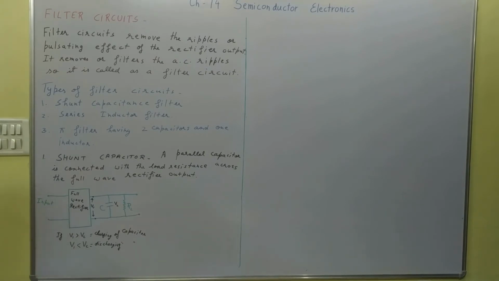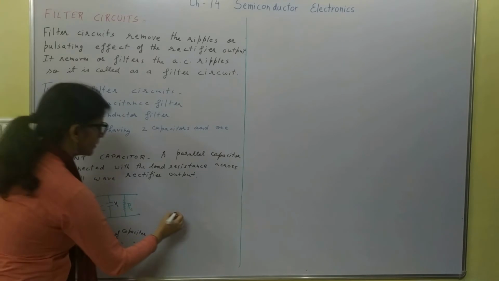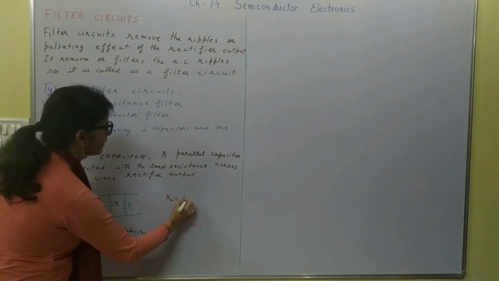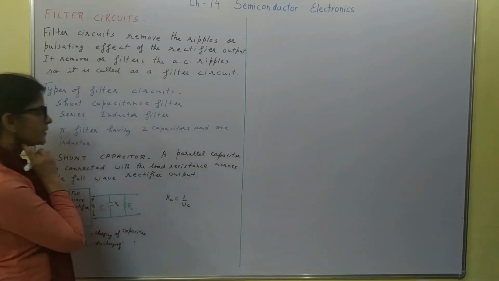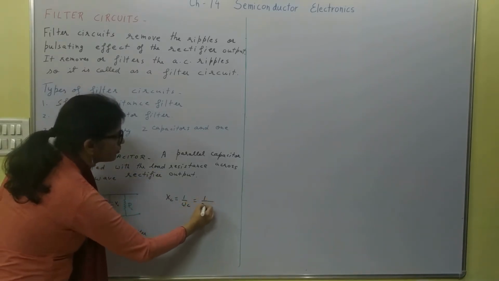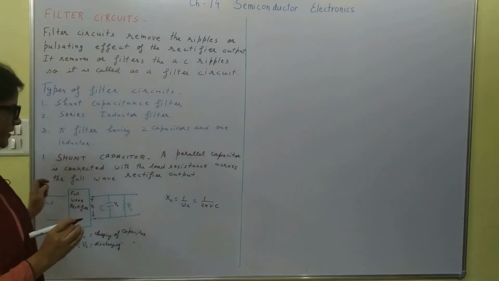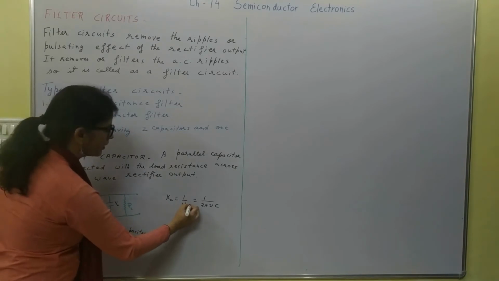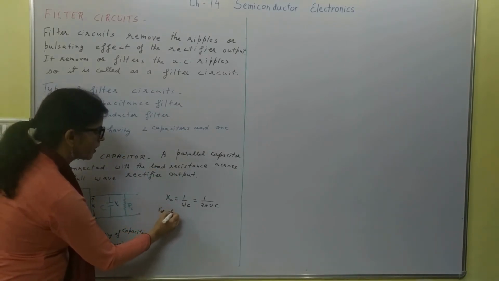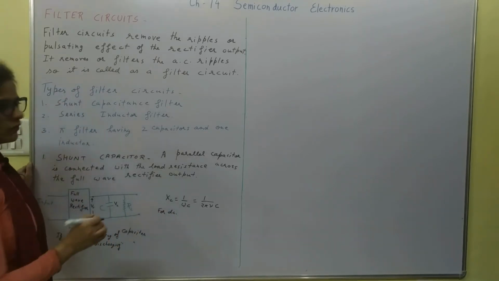And we know that the formula for the capacitive reactance is 1 by omega C, right? And omega is what? 2 pi nu. So this is the formula for Xc. Now for DC, how much is the frequency?